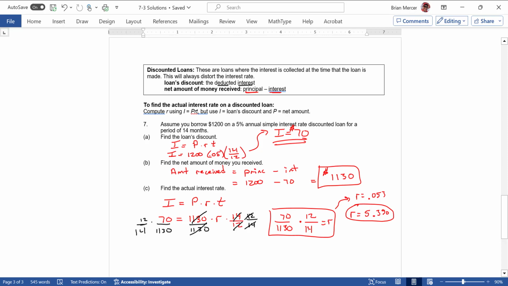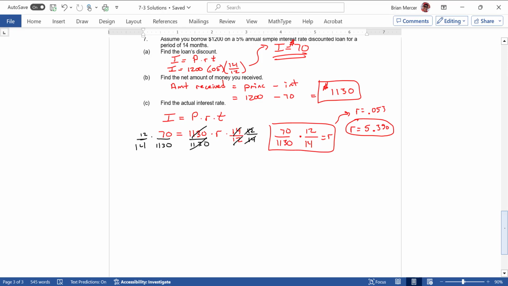So that's a little muddled up because I've already got the work shown. I'm going to write one step here to show you what this looked like initially. If you write I equals P times R times T, the point is you're trying to find R, the actual interest rate. So I know I was $70. The P was that $1,130.